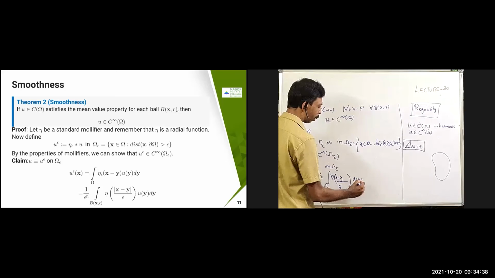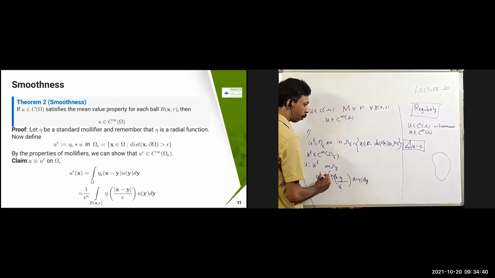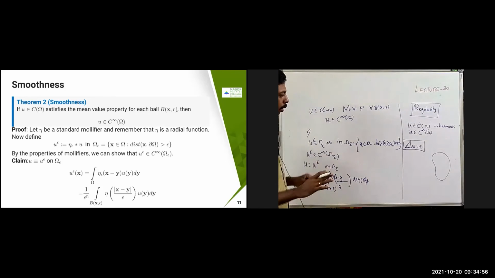I'm just skipping the first step: first you will have eta epsilon of x minus y into u of y dy, applying the definition. Then this can be defined only on B of x comma epsilon, because in the other region it is not defined.